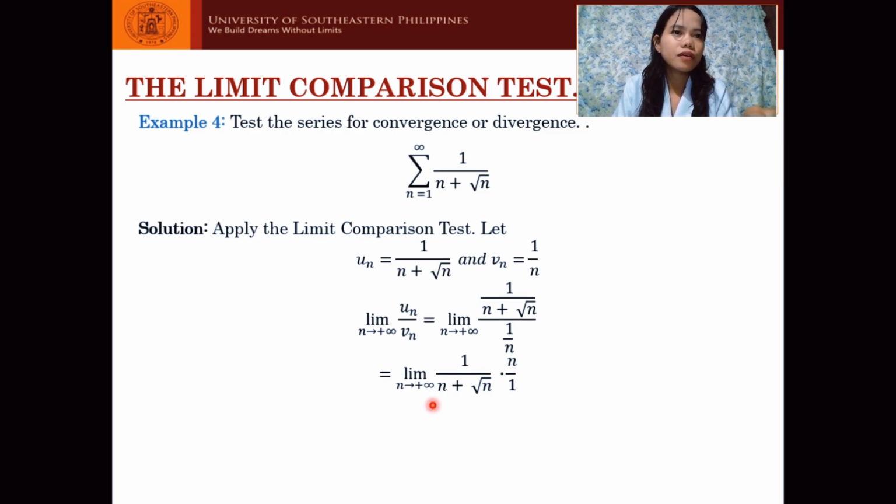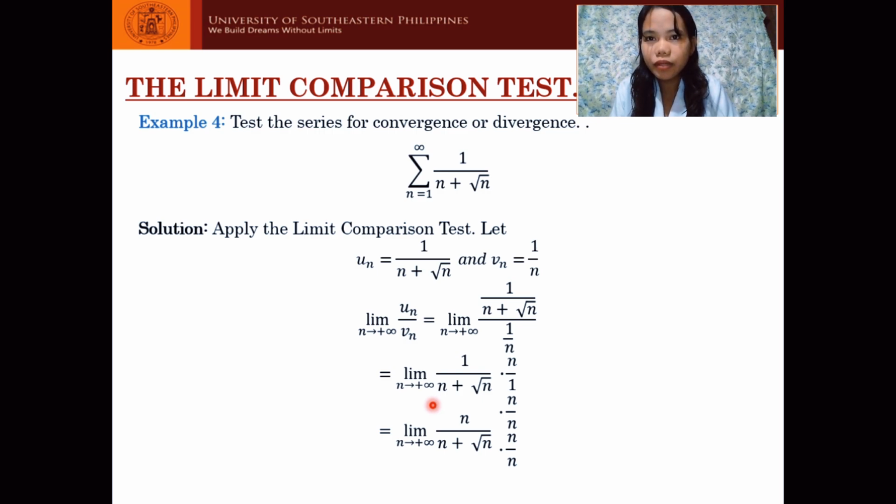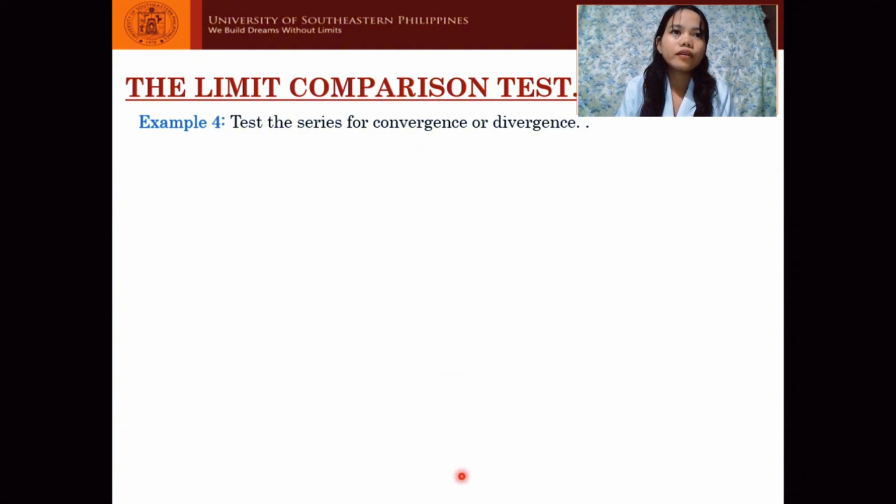And so we have now to multiply both the numerator and the denominator by 1 over n, so what we have now is the limit of n over n, over n over n plus 1 over square root of n.